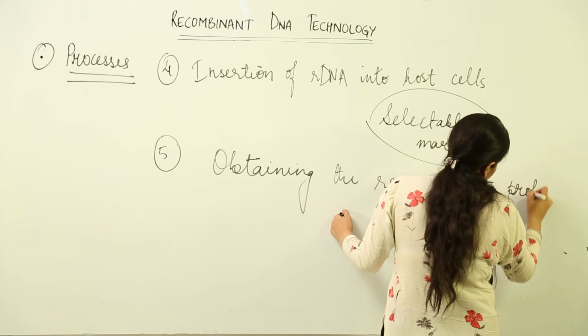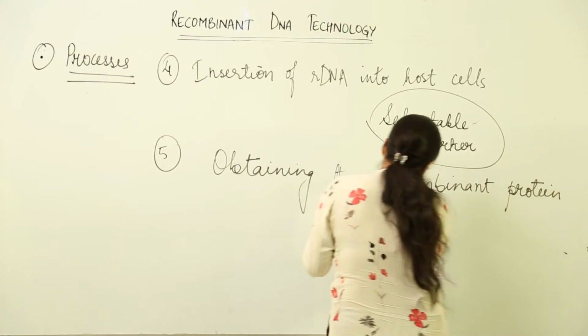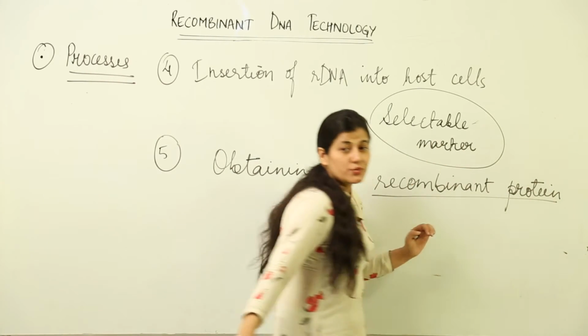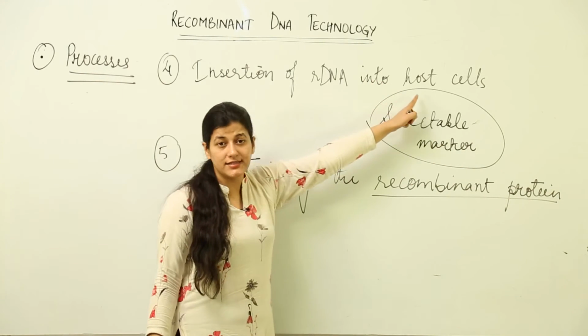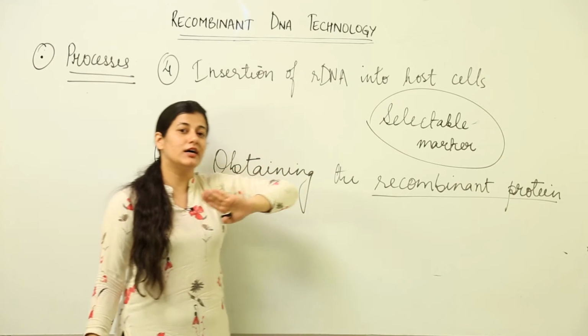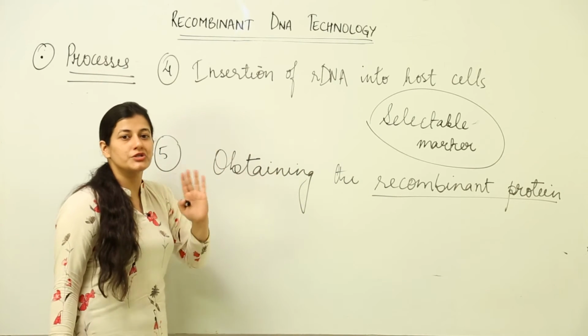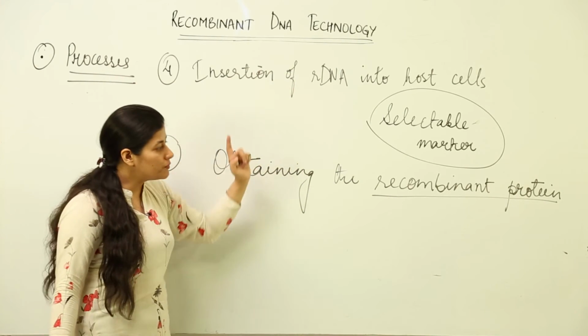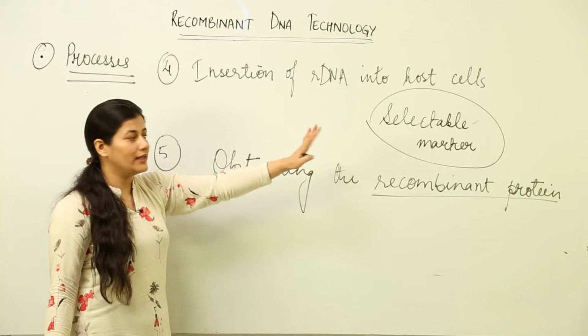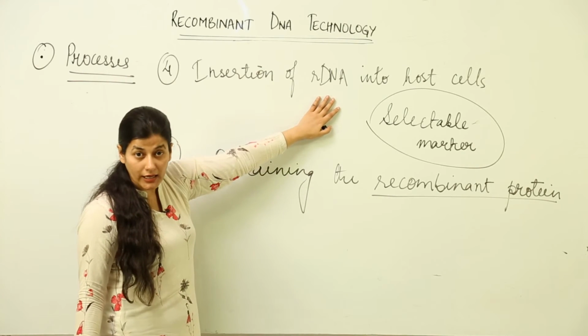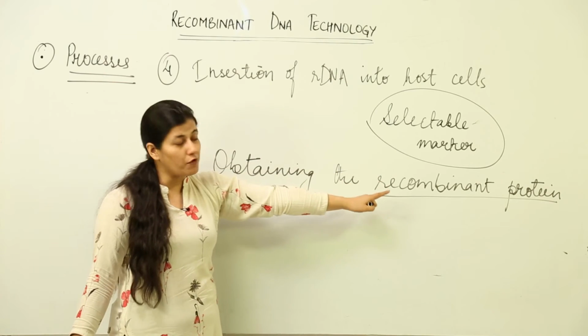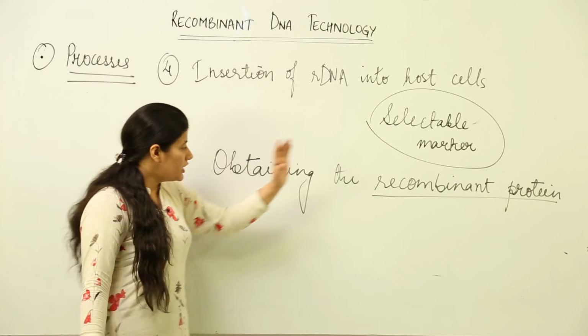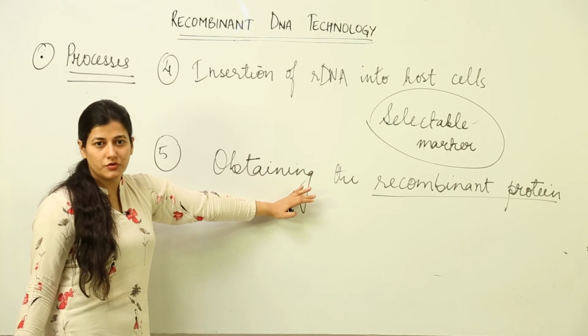Now what is that ultimate output? It is the recombinant protein that will be generated inside the host cell with the alien gene which was incorporated into the vector. So the protein generated by the recombinant DNA inside the host cell forms the recombinant protein. Now how do we obtain that recombinant protein?